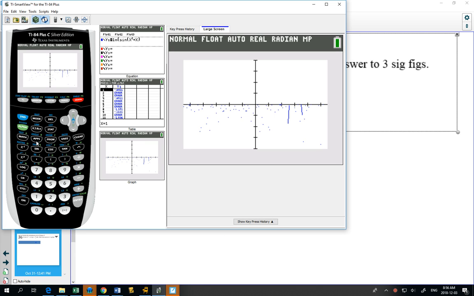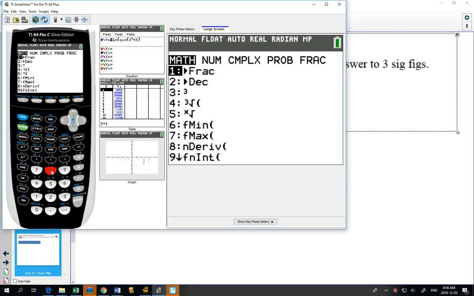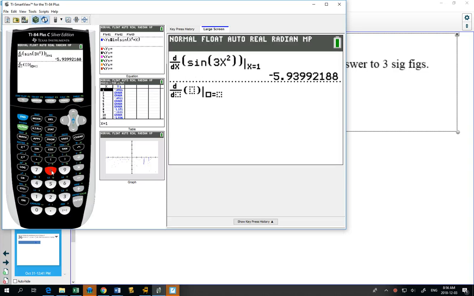So we go math number 8. Natural log sine. This one may or may not. x squared plus x. When x equals what value?